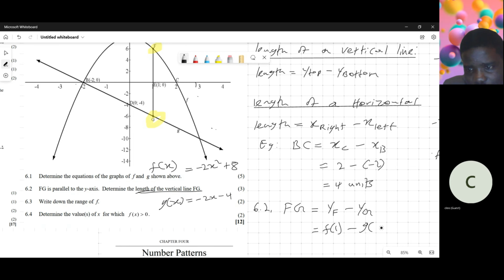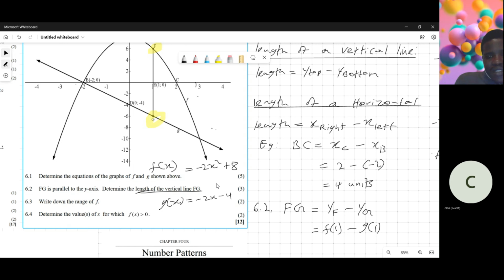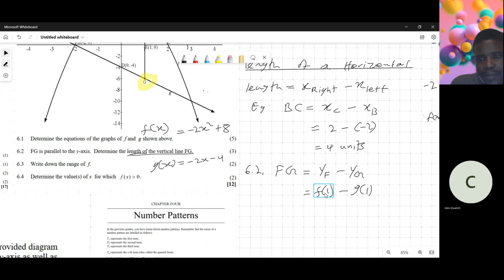The value of y at G will be the same as g of 1. Then what does this mean? It means that we have substituted 1 in this equation. So we can also write it in this way. The equation is f of x, so f of 1 is negative 2, open bracket, 1, close, squared, plus 8. Where there is x, we put 1.